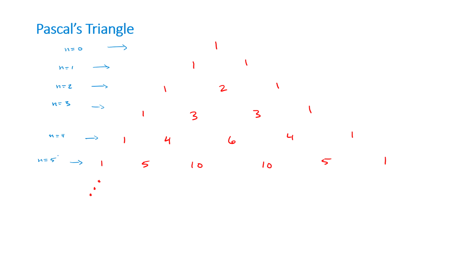Now, each of these values in Pascal's triangle actually corresponds to n choose something. So in the first row, this guy corresponds to 0 choose 0. In the second row, this corresponds to 1 choose 0 and then 1 choose 1. Next row, 2 choose 0, then 2 choose 1, then 2 choose 2. Next row, 3 choose 0, then 3 choose 1, then 3 choose 2, and then 3 choose 3, and you can keep on going.